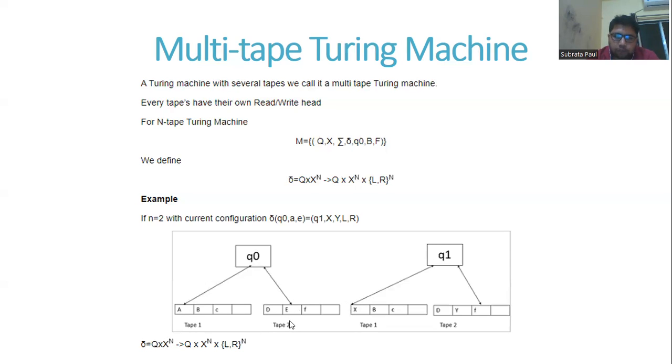Similarly, for tape 2, it is reading the input symbol e while moving one step towards the right after changing e to y. So this is the operation that it does. In one of the tapes it cannot move, while in the other tape it can write and move to the left or to the right. This is the multi-tape Turing machine.